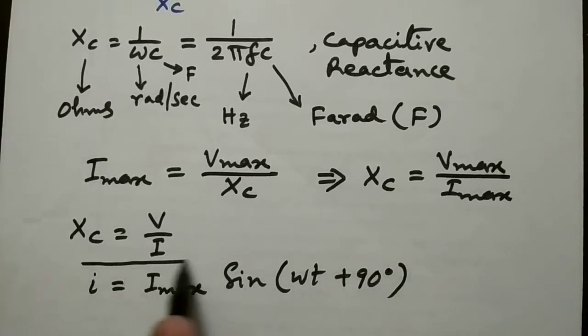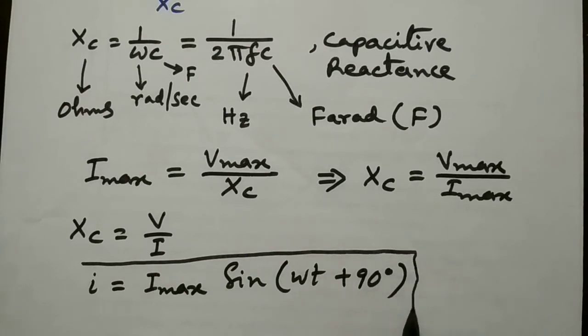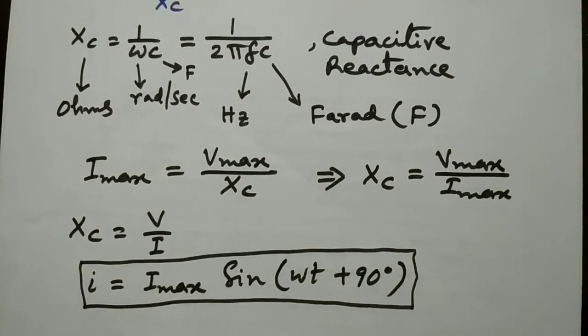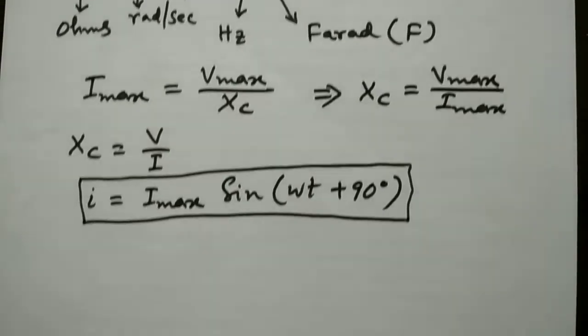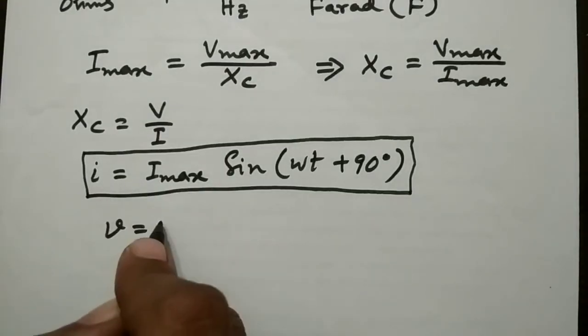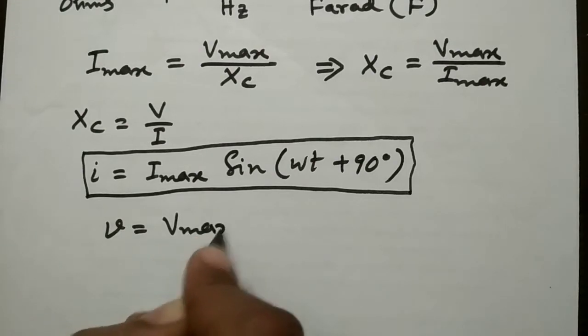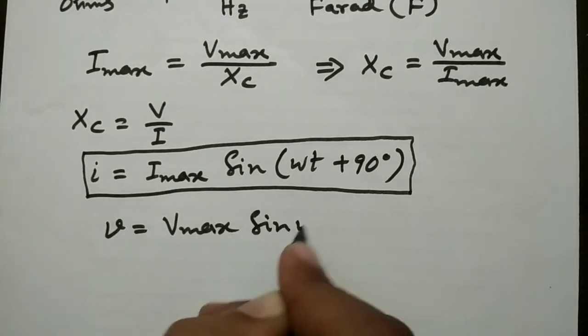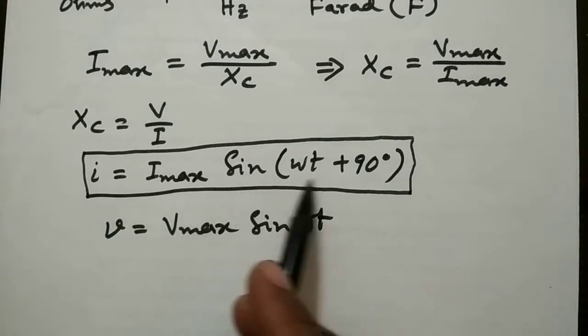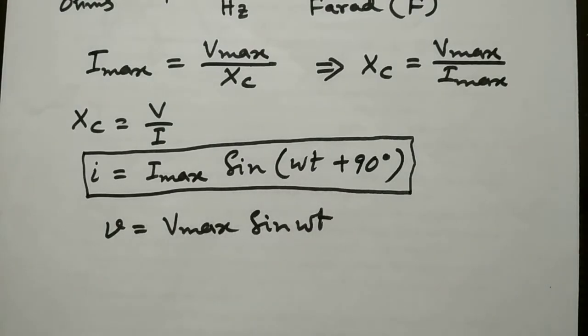So this is the expression of the current that is flowing through a purely capacitive circuit. Here we have applied the voltage V equal to Vmax sin omega t. Then the corresponding current will be Imax sin(omega t plus 90 degree).